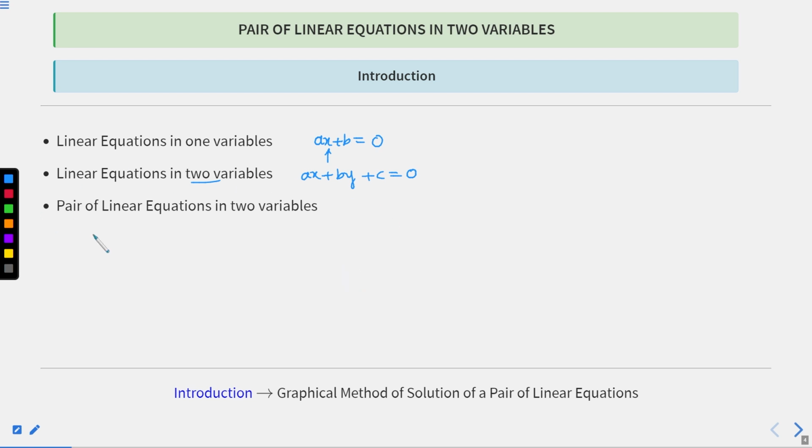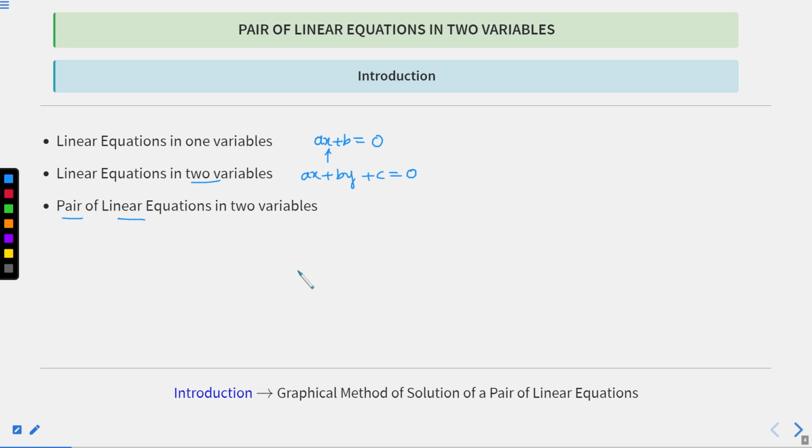Now, pair of linear equations in two variables. What does pair of linear equations in two variables mean? Pair means two. If we have two linear equations in two variables, then they are called a pair of linear equations in two variables.